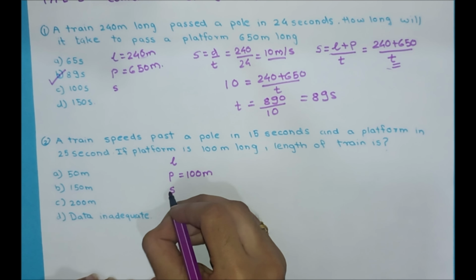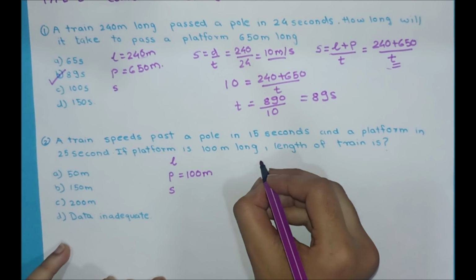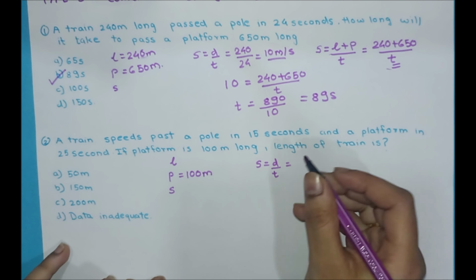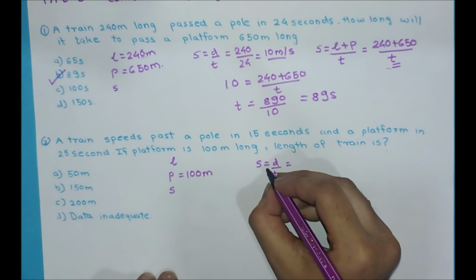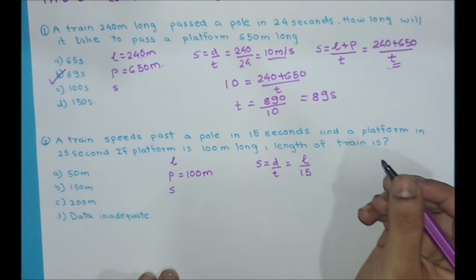Let the speed of train be s. In the first case, when it is crossing the pole, the speed is equal to distance upon time. We consider the distance as L, which is the length of the train. So the speed becomes L divided by 15.